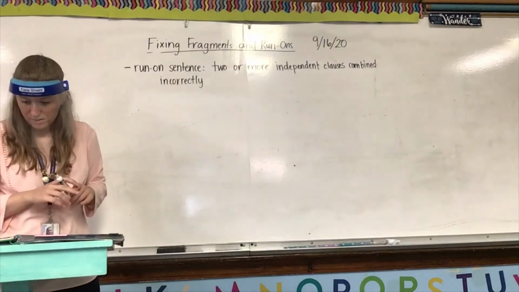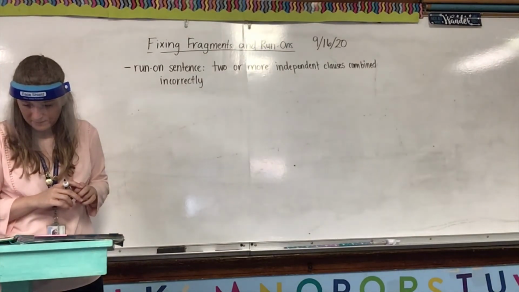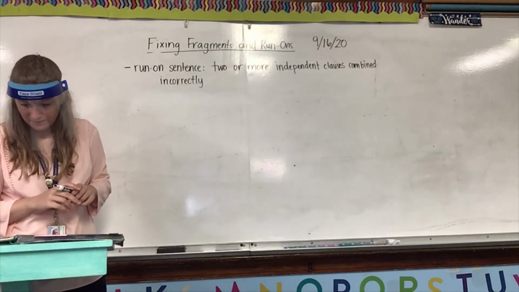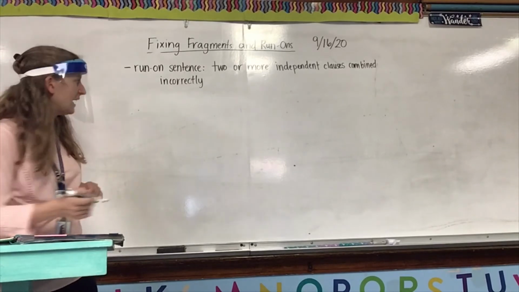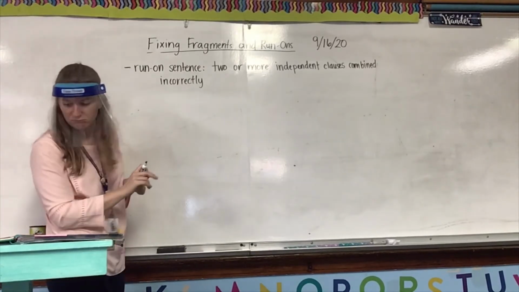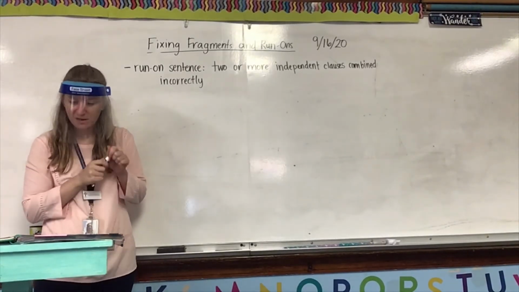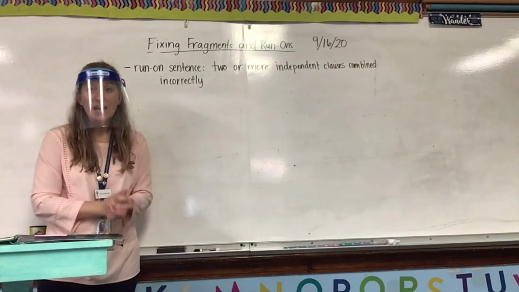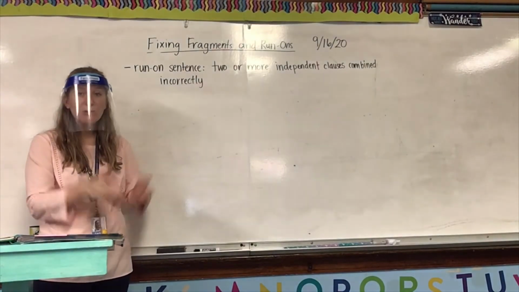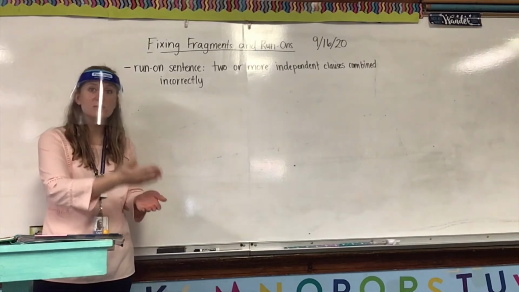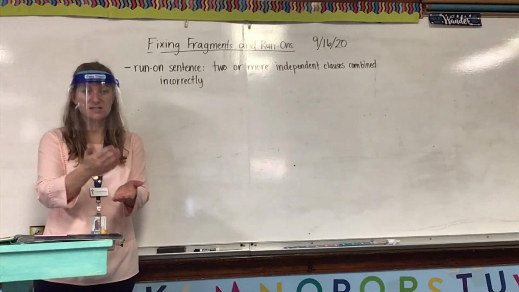Another way. No, we don't need to do that. We don't need to write that. So what we're going to do now is fix fragments and fix run-on sentences, because that will use every single thing that we have learned this unit.